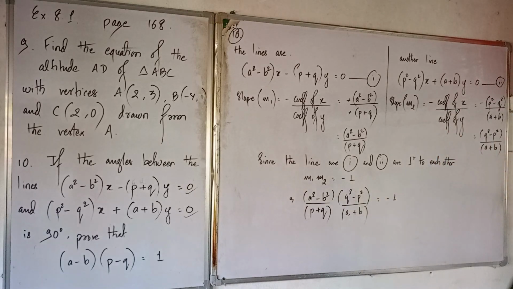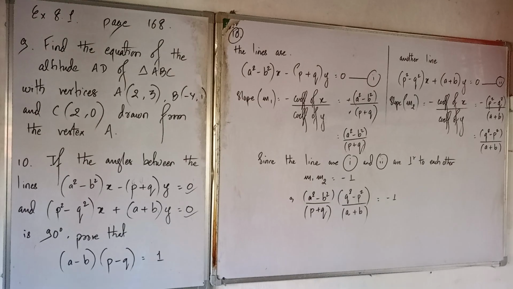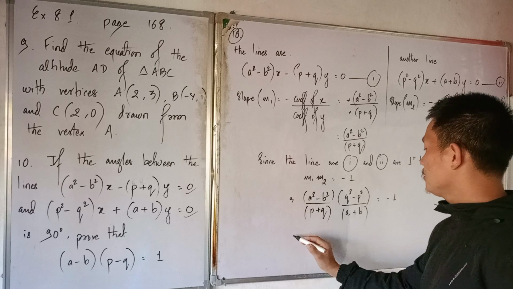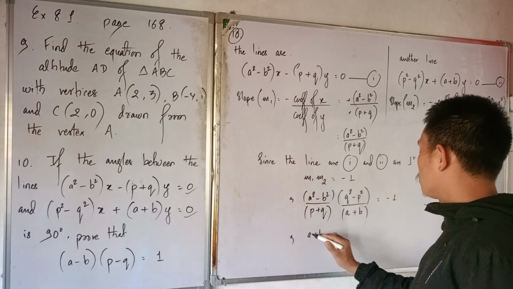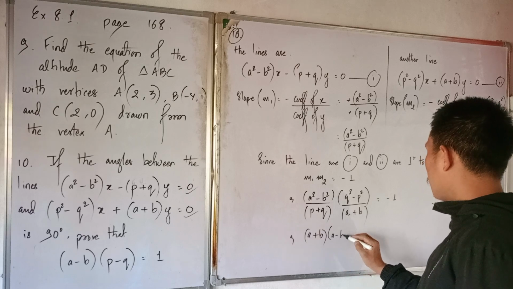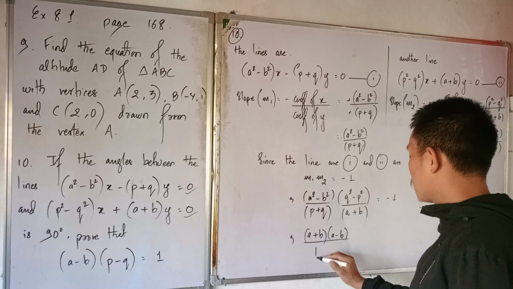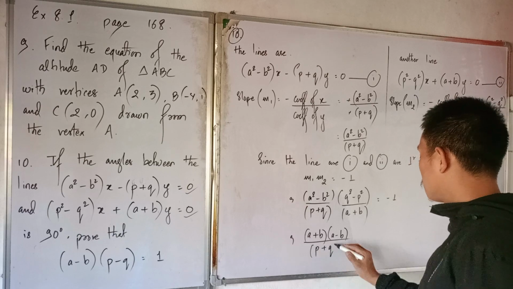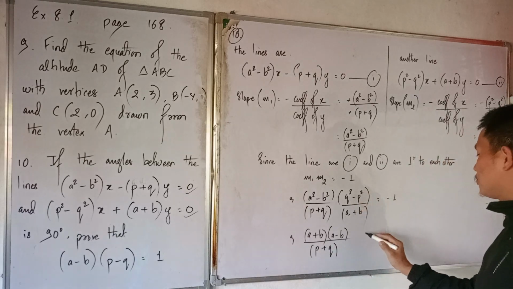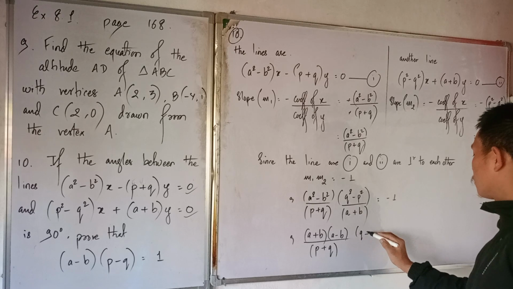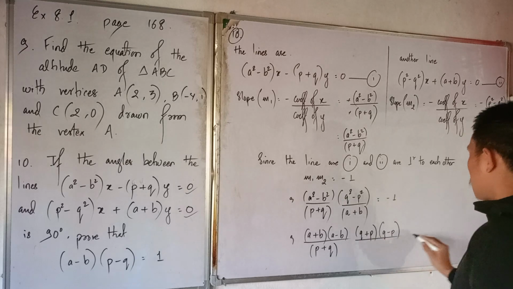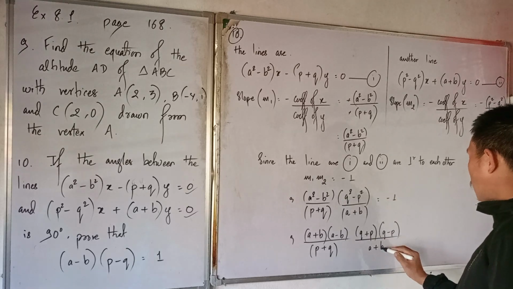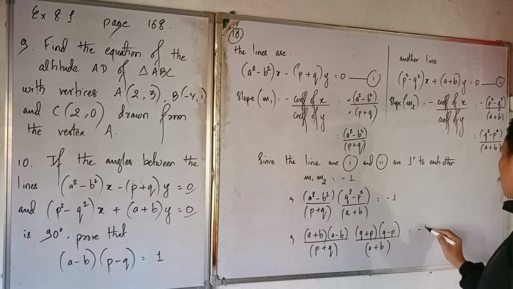From the denominator side, no need to do anything here, but the numerator can be changed using the formula. A square minus b square can be written as (a plus b)(a minus b) divided by (p plus q), and q square minus p square can be written as (q plus p)(q minus p) divided by (a plus b), is equal to minus 1.